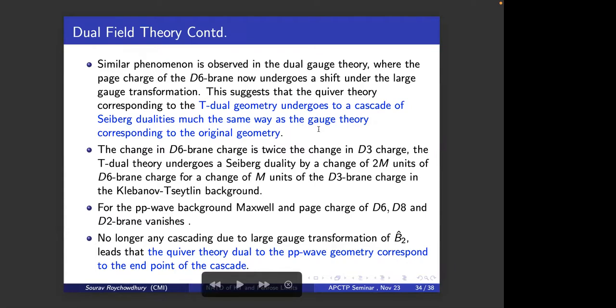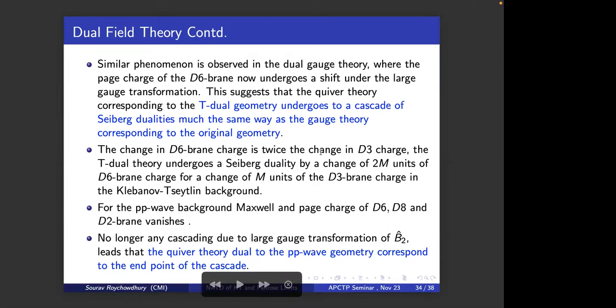Okay. I mentioned that in the dual sector, people have observed some Seiberg duality, but in terms of D6 branes, like D3 branes in the original solution. By calculating the brane charge, you can see that the D6 brane charge is twice the D3 brane charge.